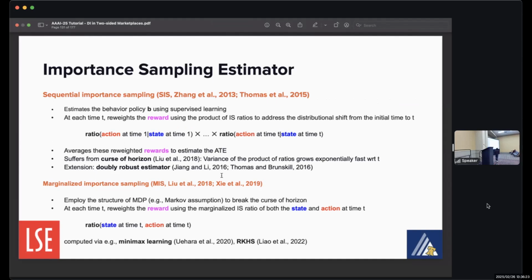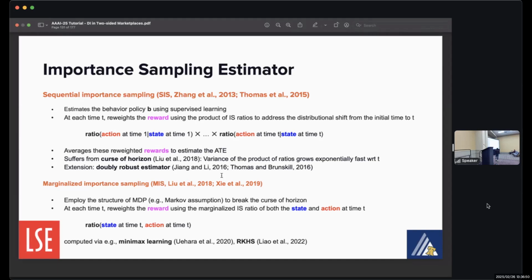The difference is that at each time point, you need to reweight the reward, not only using the importance sampling ratio at that particular time point, but using a product of those IS ratios from the initial time point to time point t, to adjust for all the distributional shifts encountered at these t time points.